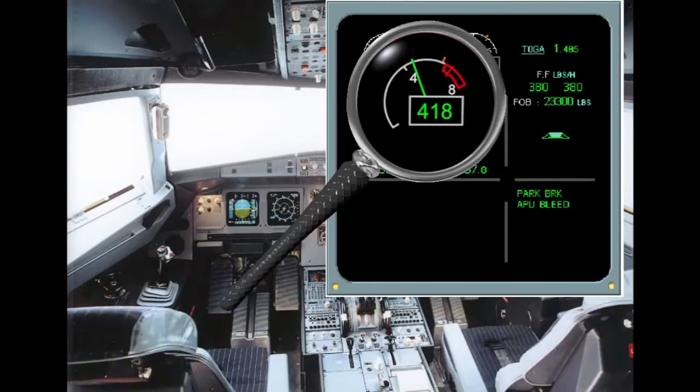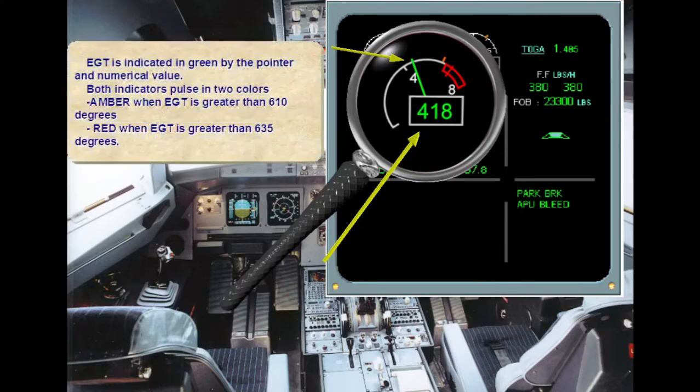EGT is indicated in green by the pointer and numerical value. Both indicators pulse in two colors: amber when EGT is greater than 610 degrees, red when EGT is greater than 635 degrees. The amber tick indicates the maximum allowable EGT: 635 degrees Celsius during the start sequence, 610 degrees Celsius after start.